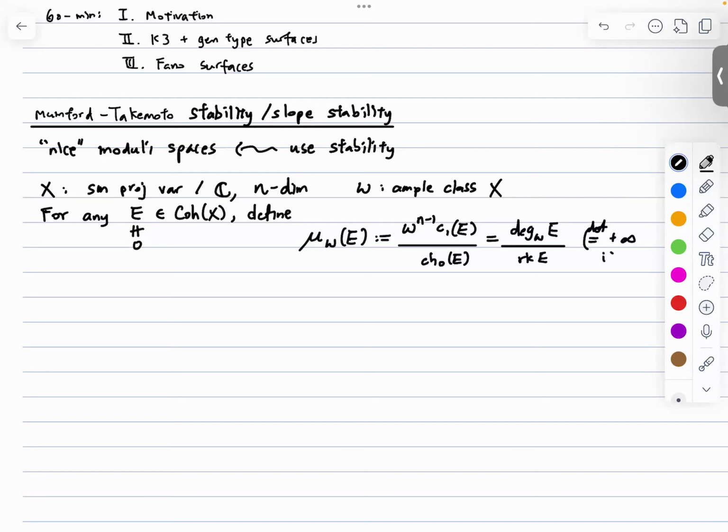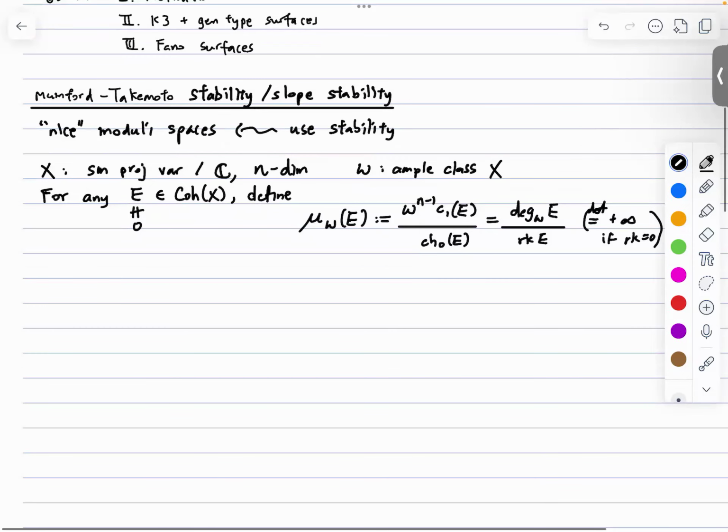So for every non-zero coherent sheaf, we get such a number mu, and this allows us to define slope stability or Mumford-Takemoto stability.